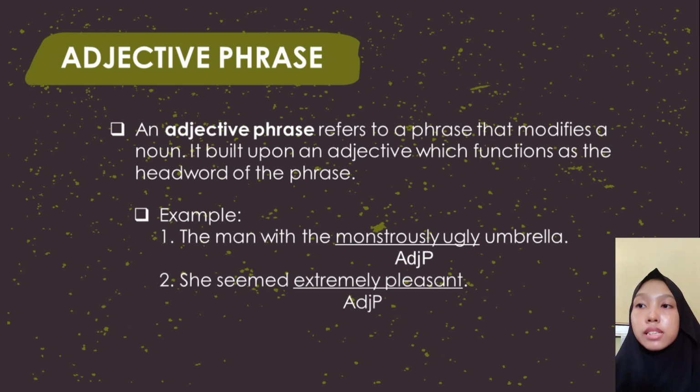Monstrously ugly is ADJP. 2. She seemed extremely pleasant. Extremely pleasant, ADJP.